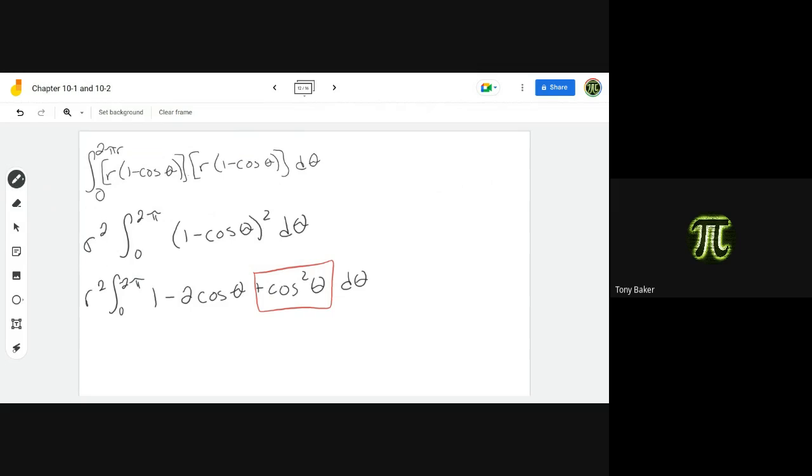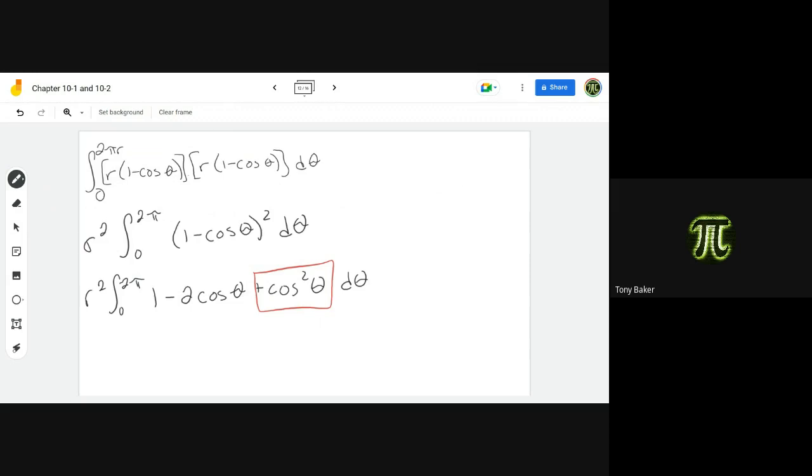Look in your book and find a rule that's going to get rid of the square there. Chapter 7.